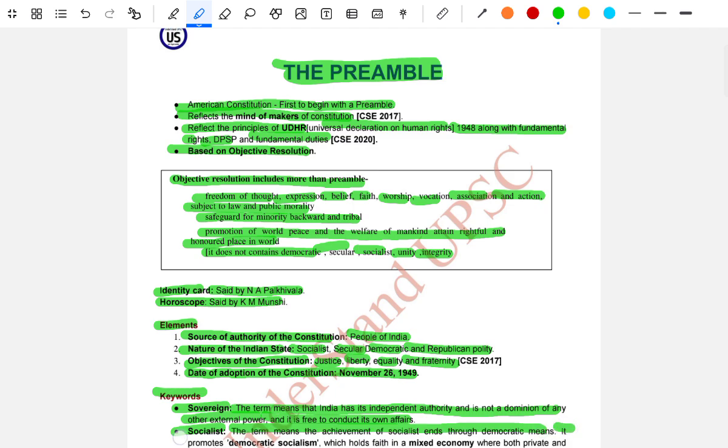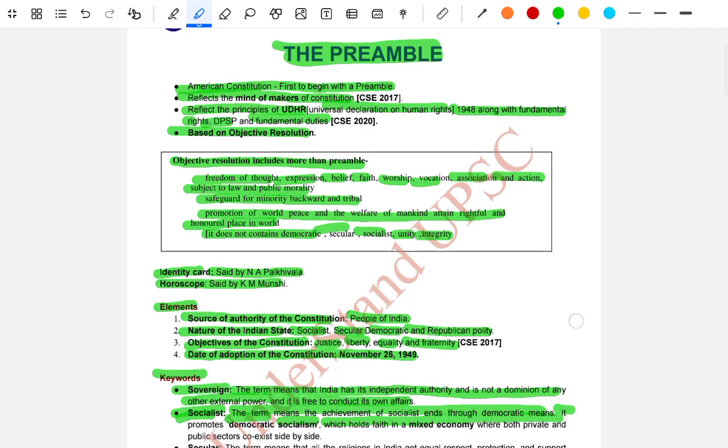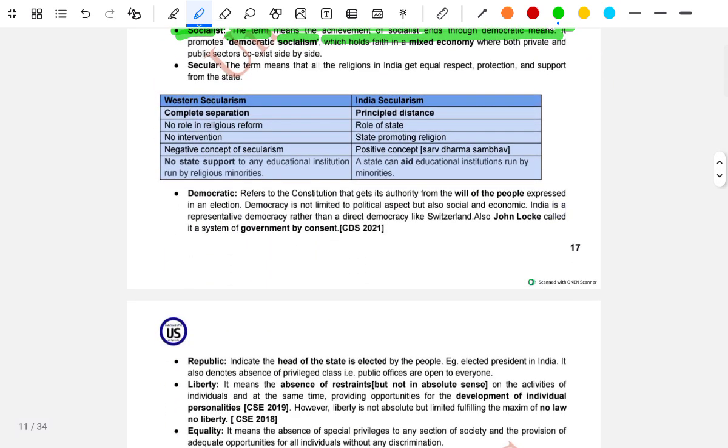It promotes democratic socialism, which holds the faith in a mixed economy where both private and public sectors exist side by side.